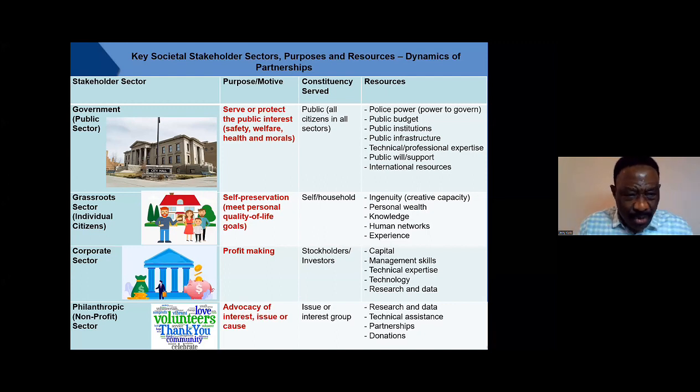The second sector, grassroots, you and me, innocent, patriotic citizens, our motive is self-preservation, to live and let live, work hard, obey the law, quality of life. The third sector, corporate sector, we know very well, profit making. And then, of course, the non-profit sector, advocacy of issues, advocacy of causes.